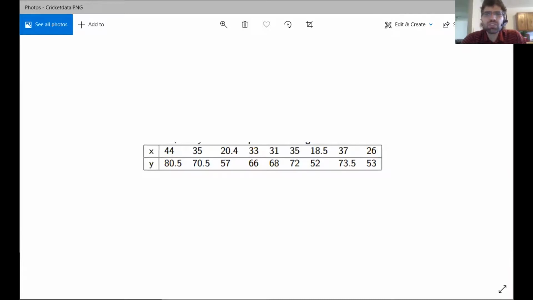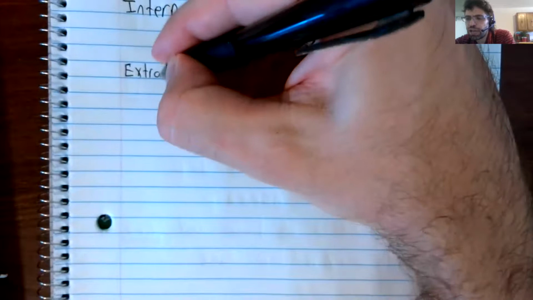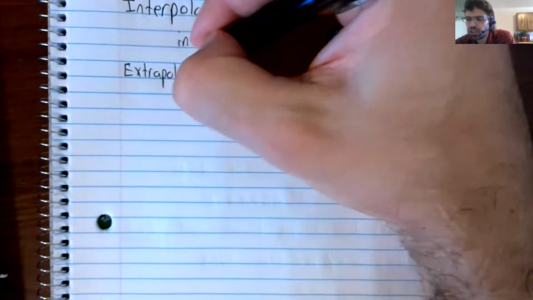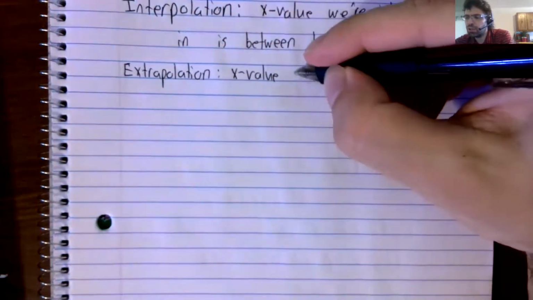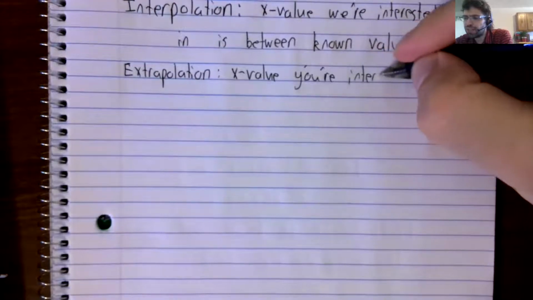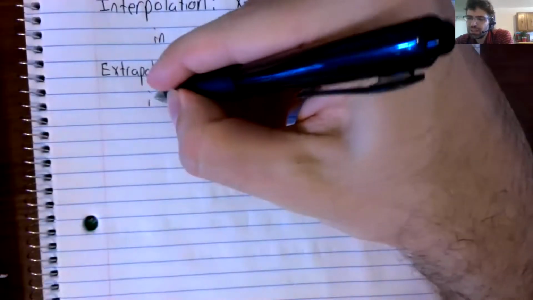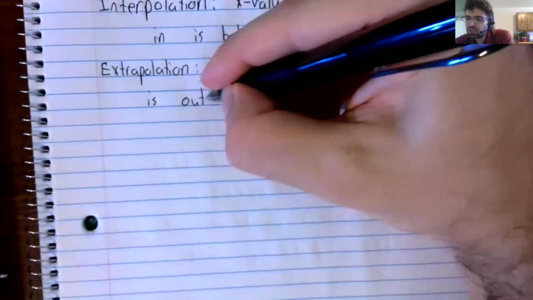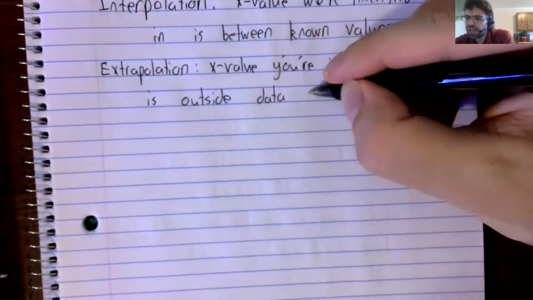So that is called extrapolation. When the x value you're interested in is outside the data set.